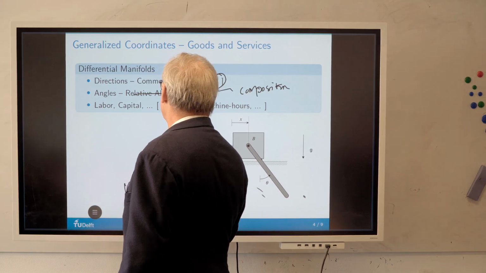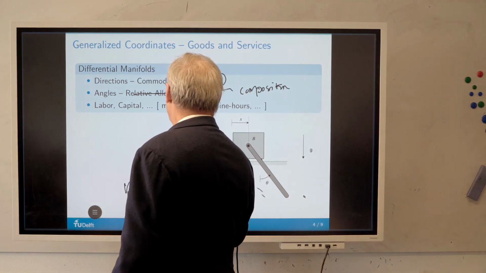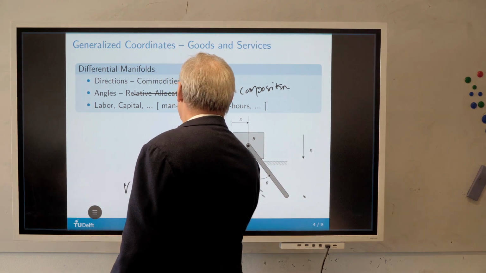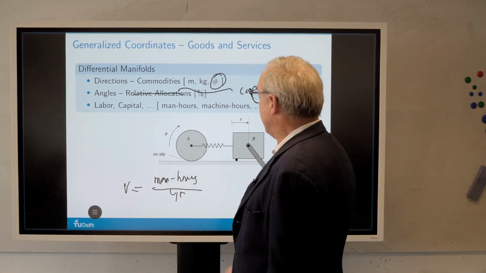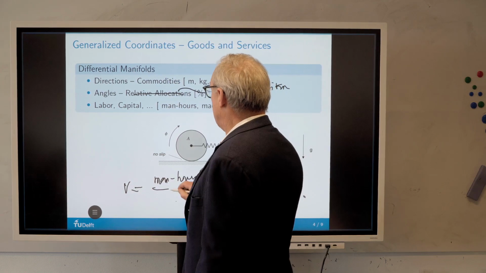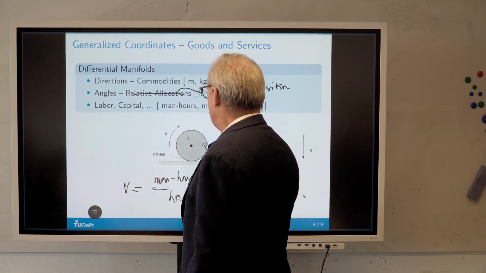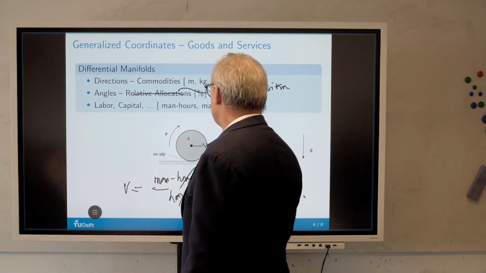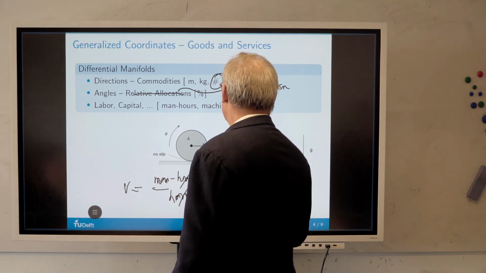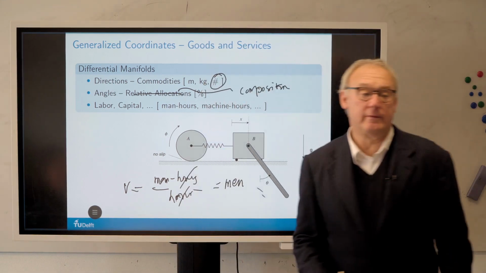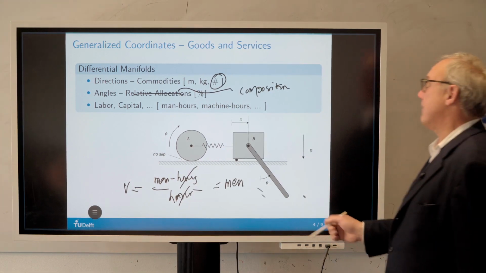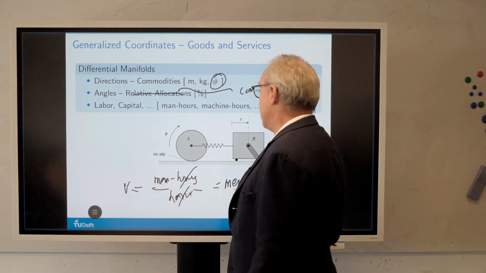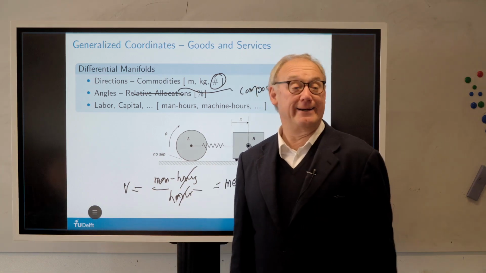That will be in man hours per year or something. Right, but now I measure it per hour, and I can cancel this, and then the velocity would be in men, right? So you will see that you'll have a flow that is measured in men.